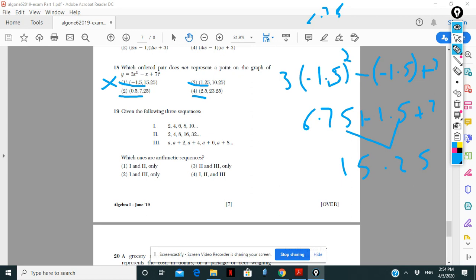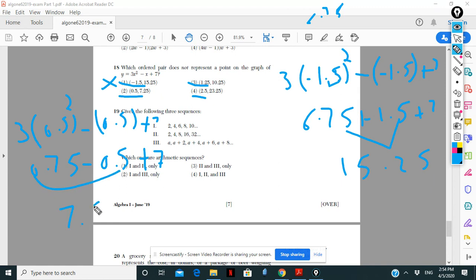I'm going to plug in 0.5, so 3 times 0.5 squared minus 0.5 plus 7, so 0.5 squared is 0.25, that's 0.75 minus 0.5 plus 7, that's going to be 7.25. So this one also doesn't work.